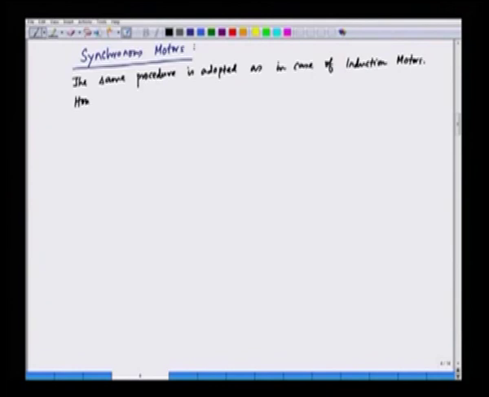However, for synchronous motors, lambda prime, which is equal to the T maximum by T rated, is about 3.5, higher than that of an induction motor. So, we adopt the same procedure that we have followed in case of an induction motor for synchronous motor, but in this case lambda prime is a little bit higher, it is approximately 3.5, which is the ratio of the peak torque to the rated torque.